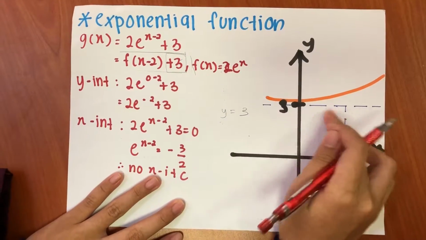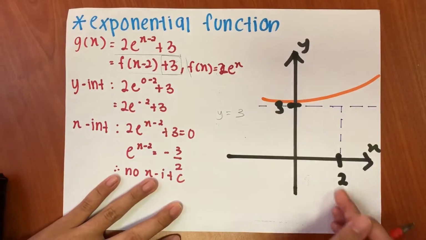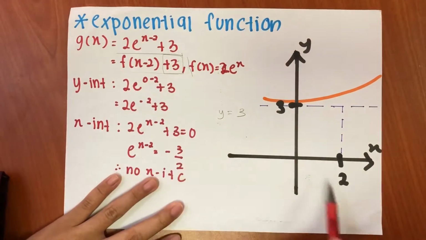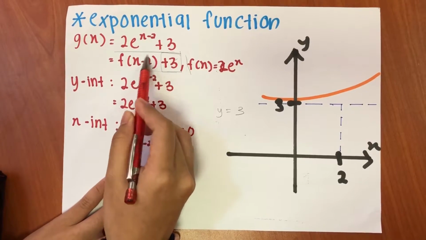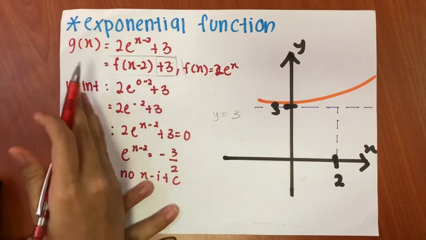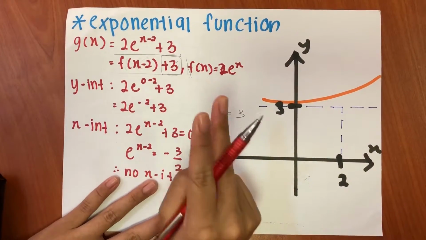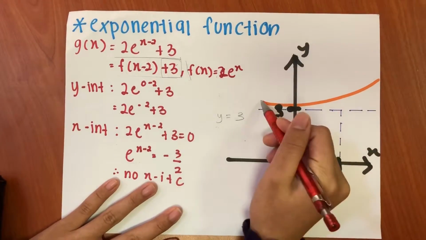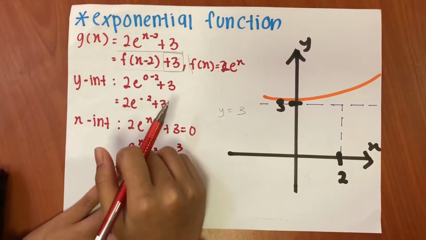So we just draw the horizontal asymptote here, and then for the x part, we refer to this one, x minus 2. So we shift the graph to the right by 2 units. And in the end we will get this graph.